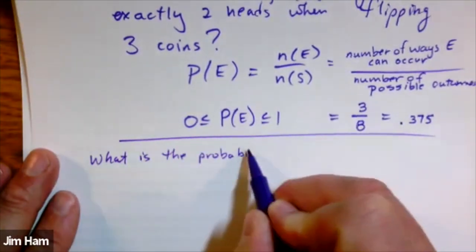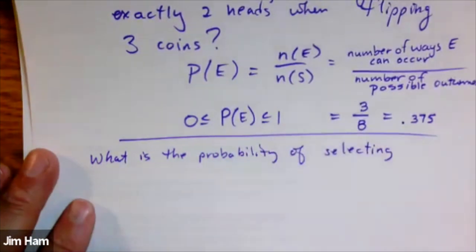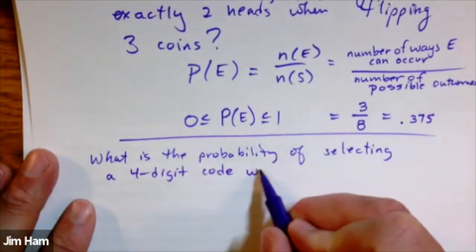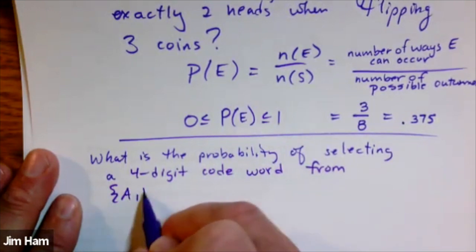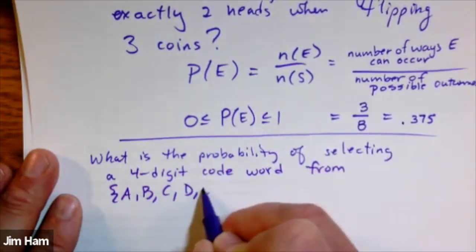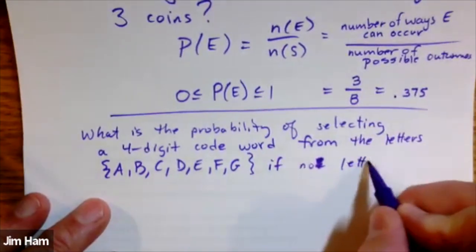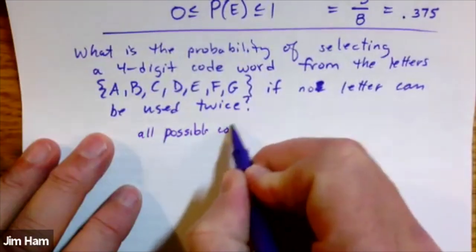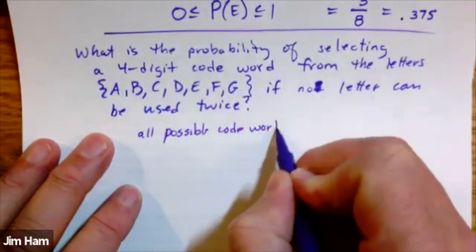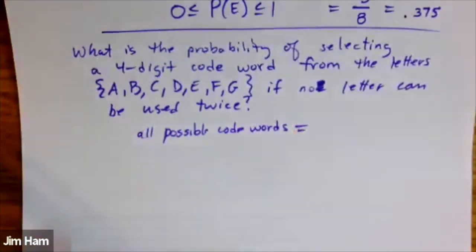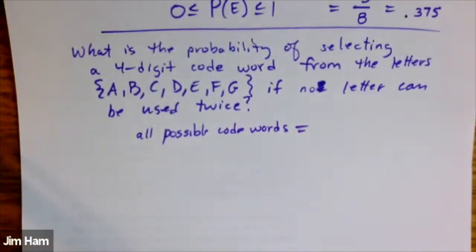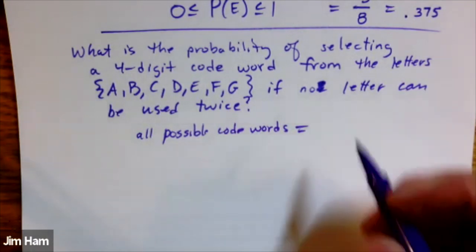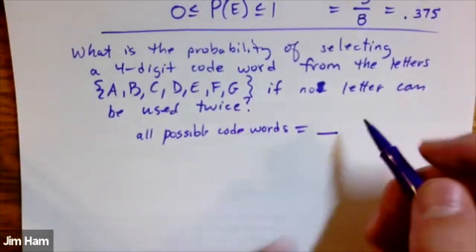What is the probability of selecting a 4-digit code word from the letters A, B, C, D, E, F, G, if no letter can be used twice? Now, the set of all possible code words, if there are no restrictions on them, means that the first letter can be any one of those 7 letters.